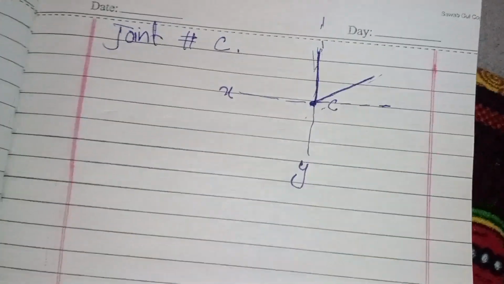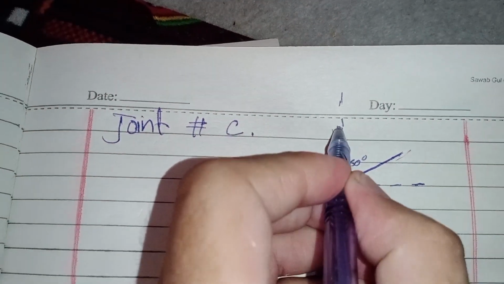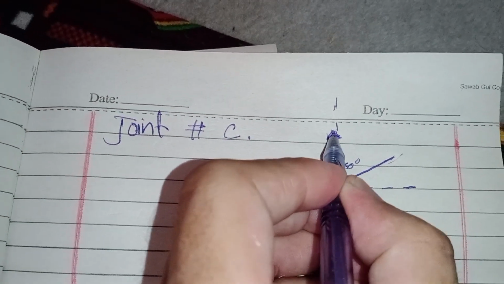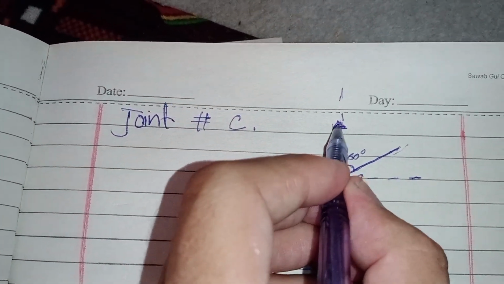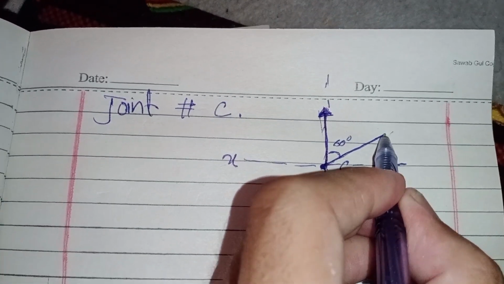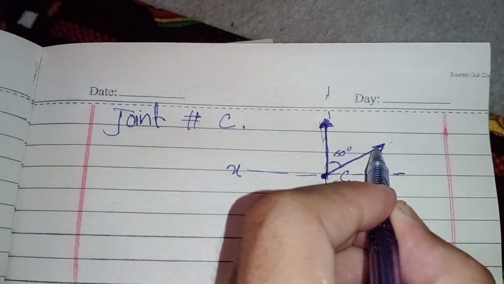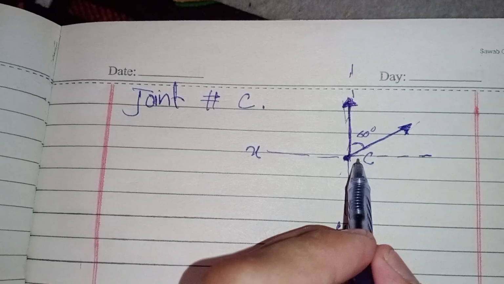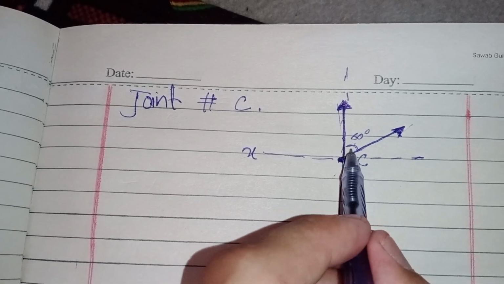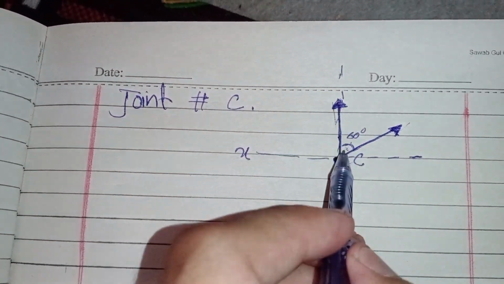Now I assume that the force in member CA is in tension, and this is also in tension. I just assume it.